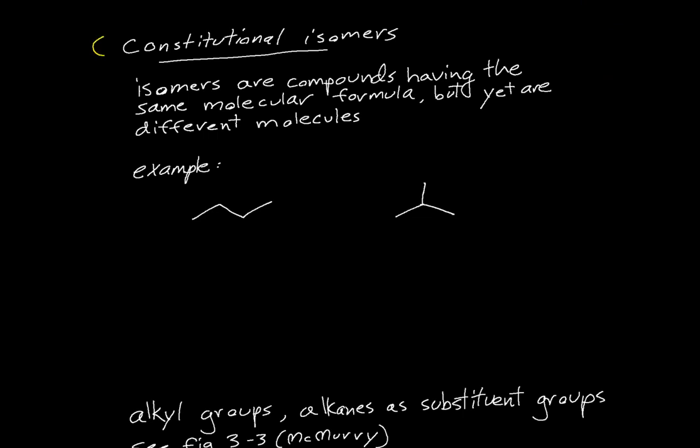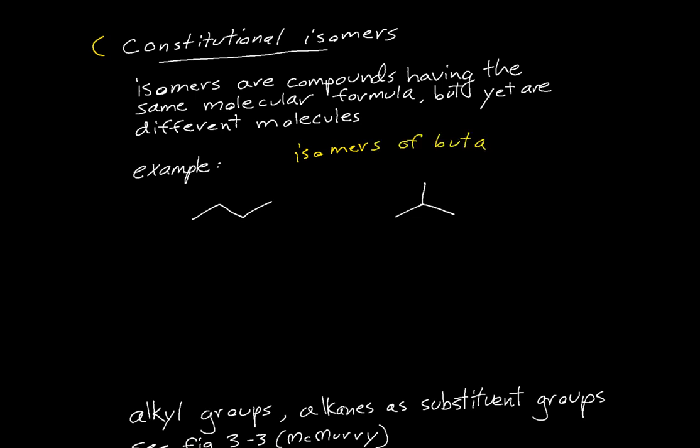Constitutional isomers is the first such topic. The definition of an isomer is that it's a compound that has the same molecular formula but is a different molecule. So what I have drawn here below are two isomers of butane. How do I know it's butane?